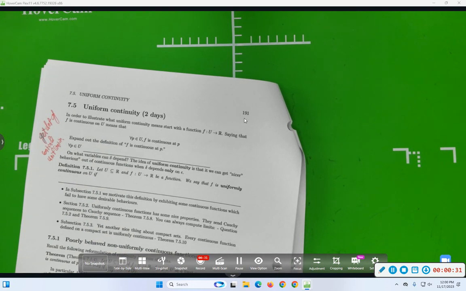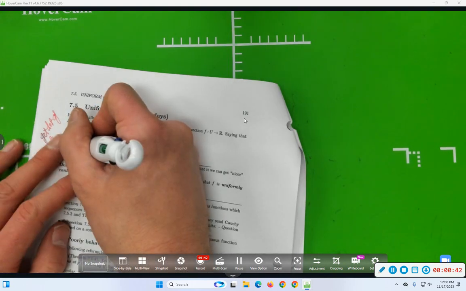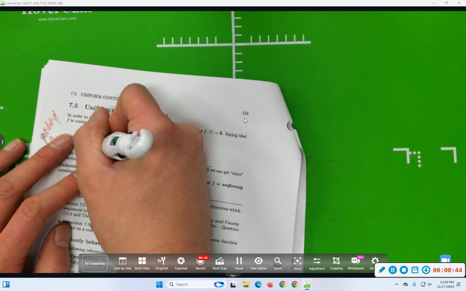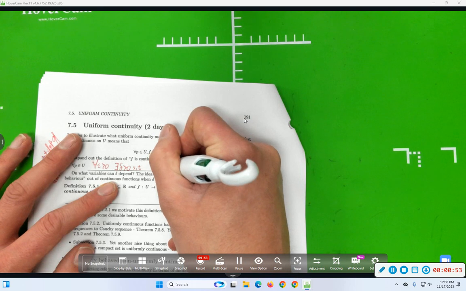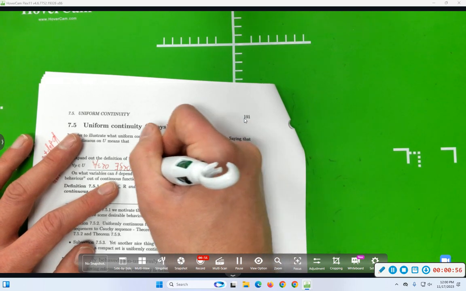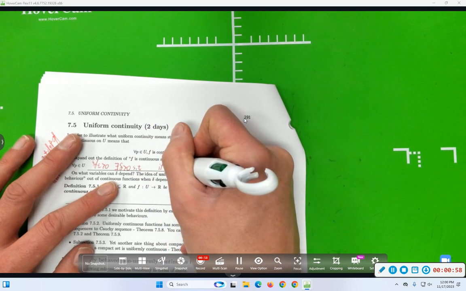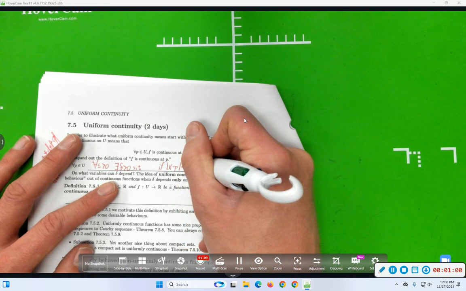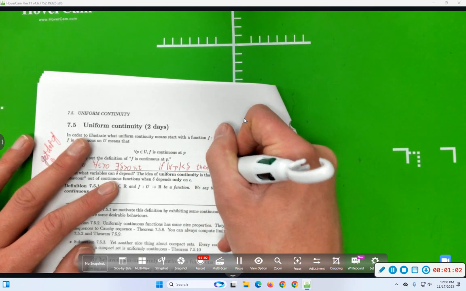What does it mean to be continuous at p? If the absolute value of x minus p is less than delta, then the absolute value of f of x minus f of p is less than epsilon.